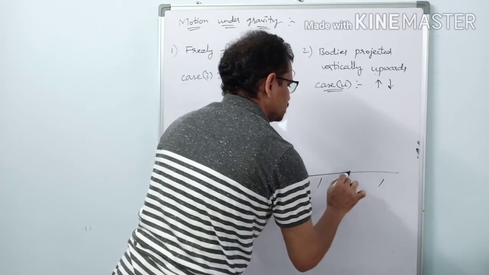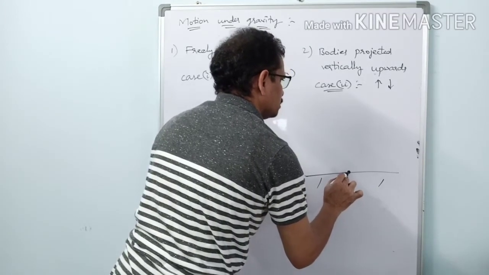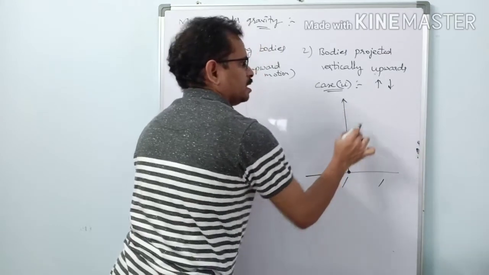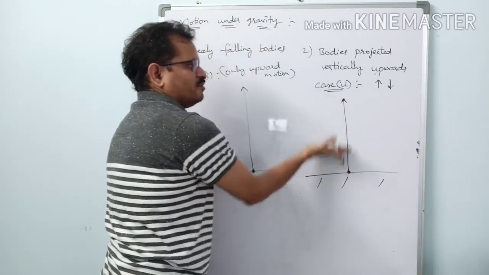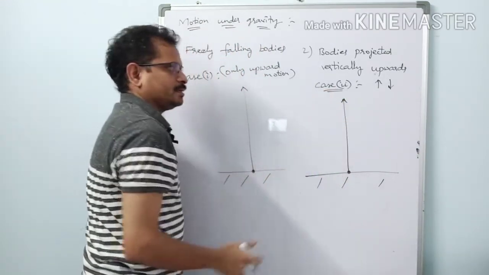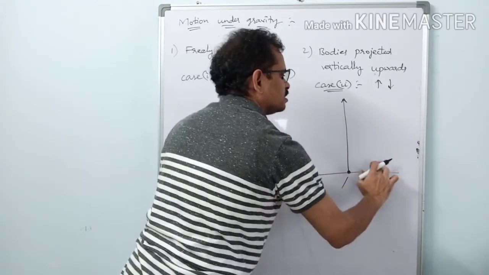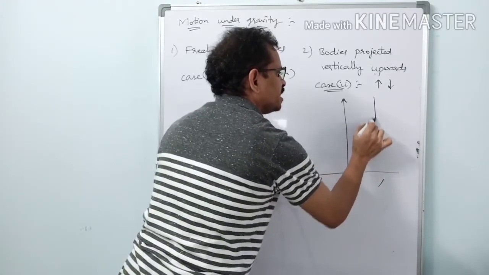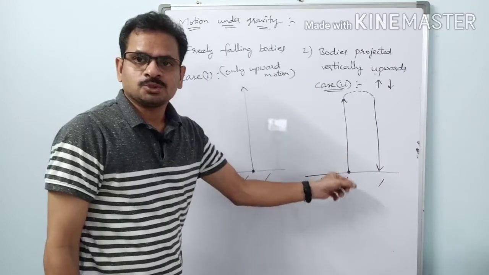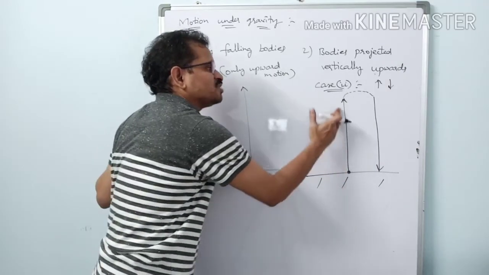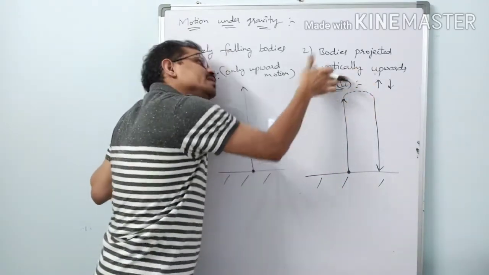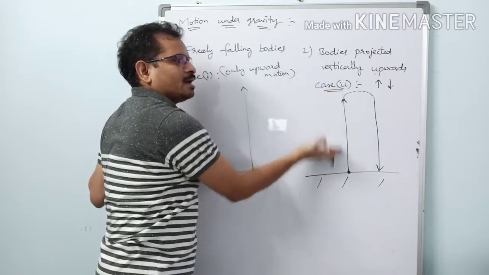So this is the origin, body moving up, and coming down along the same line. But for our convenience, let me draw the line here. Some students may think that the body is moving actually like this. No, it is not moving like this. It is going up and coming down strictly.